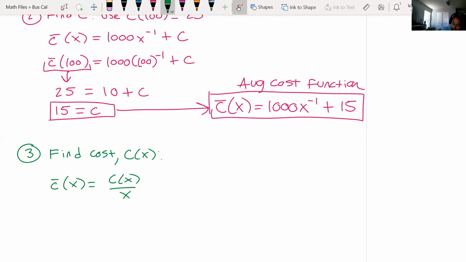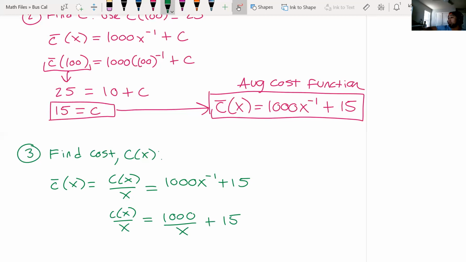So this means that if I plug in the average cost function above, I have 1,000 x to the negative 1 plus 15. Actually, first, let me rewrite this. I'm going to say C of x over x is equal to 1,000 over x plus 15. So all I did was just flip that x down to the denominator.